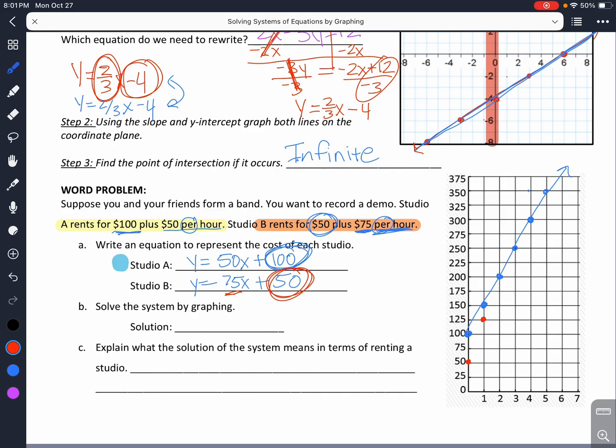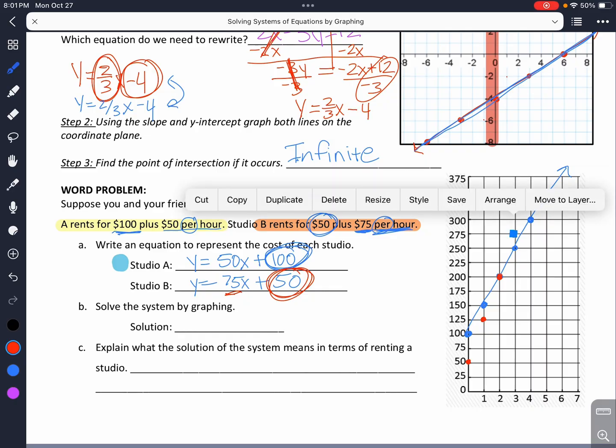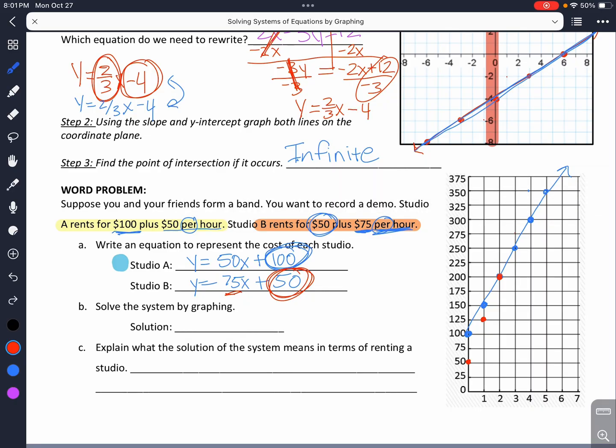If I say 125 plus 75, that's going to be 200, and I'm going to go over 1. If I say 200 plus 75, that's 275 and over 1. And if I say 275 plus 75, that's going to be 350 and over 1. Okay? And again, I'm going to connect those points.